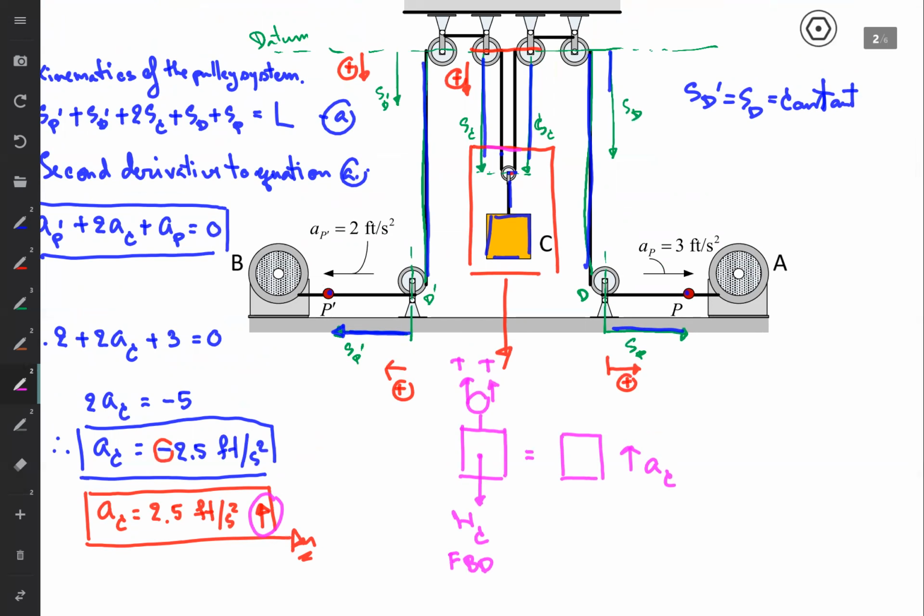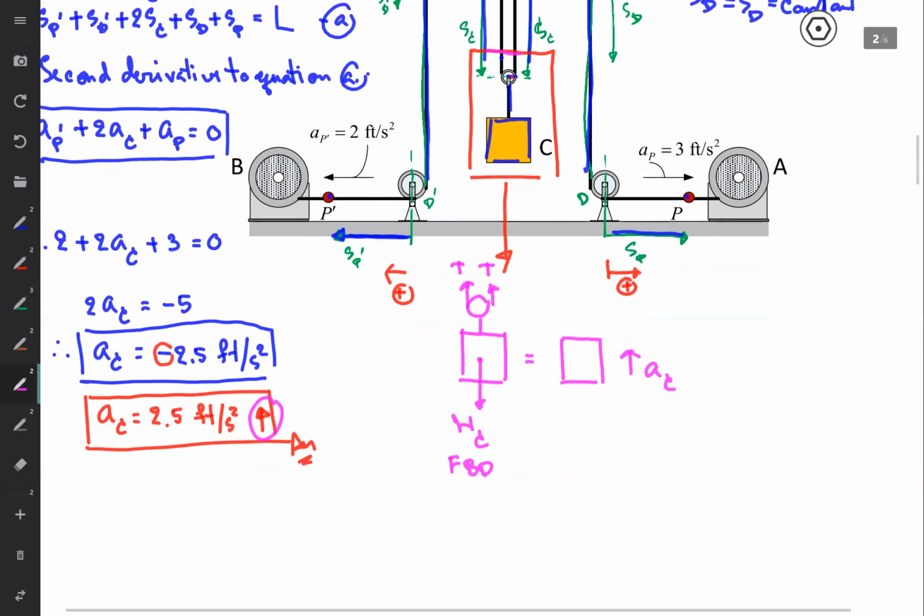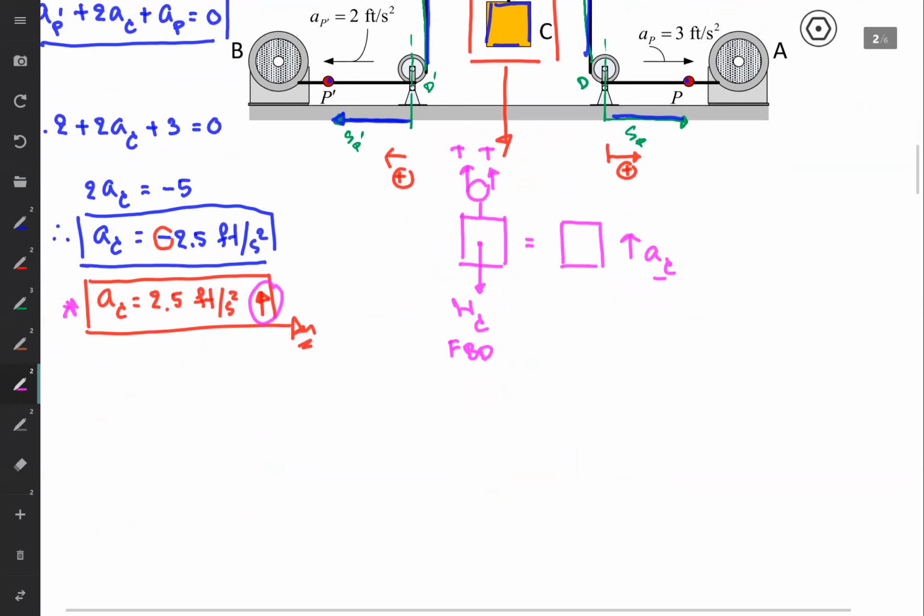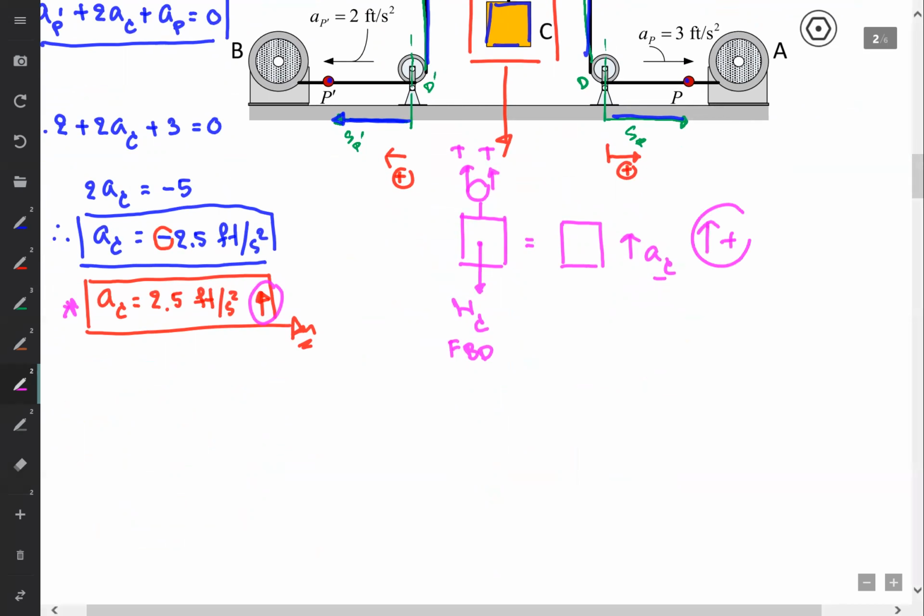But right now, after we have determined the acceleration and found that it goes up, when we draw the free body diagram and kinetic diagram, we can set it up in the same sense as the physical meaning. So upward is positive.